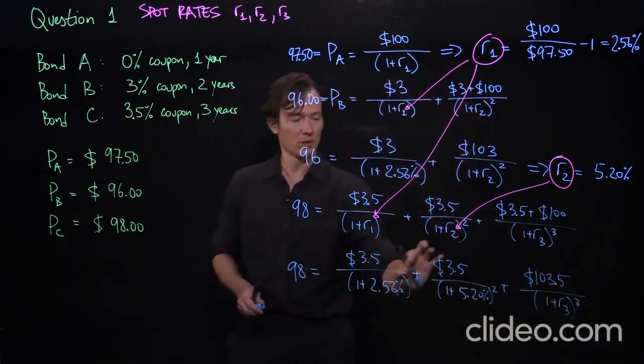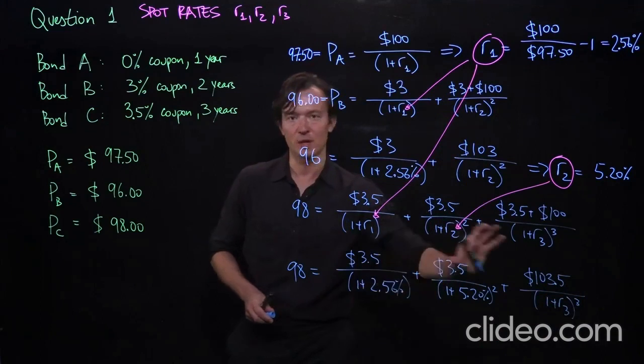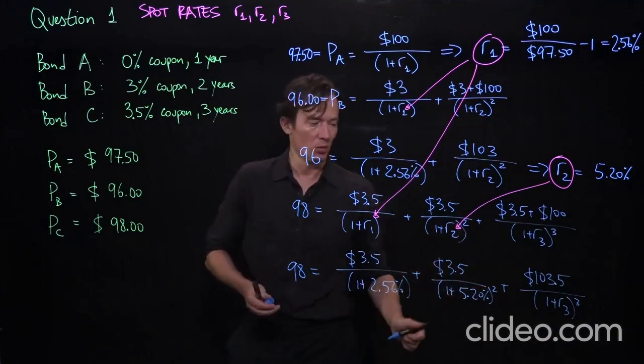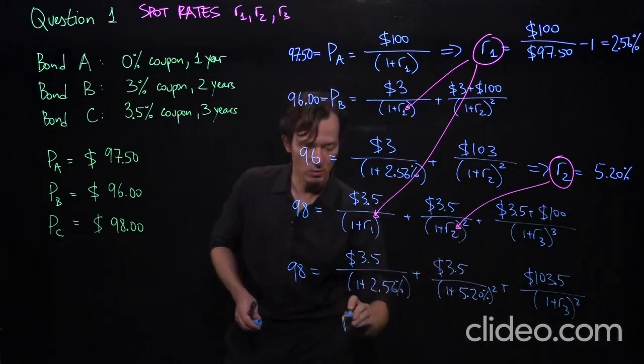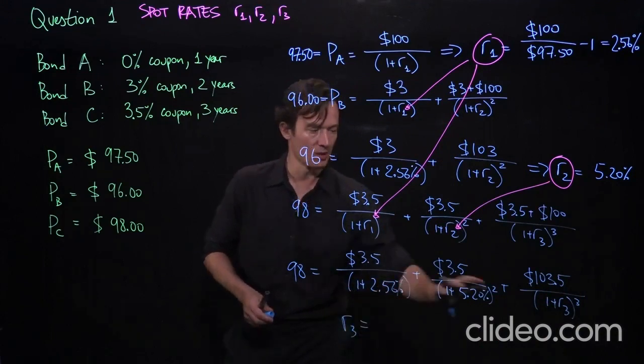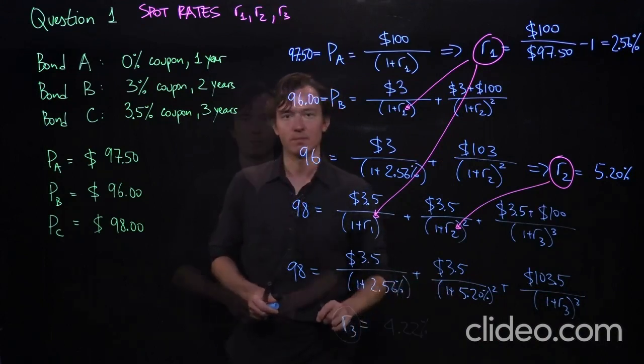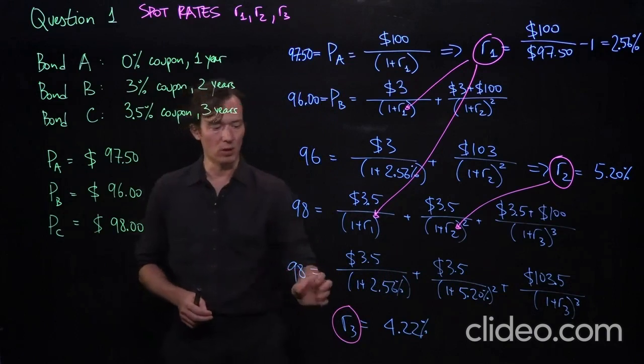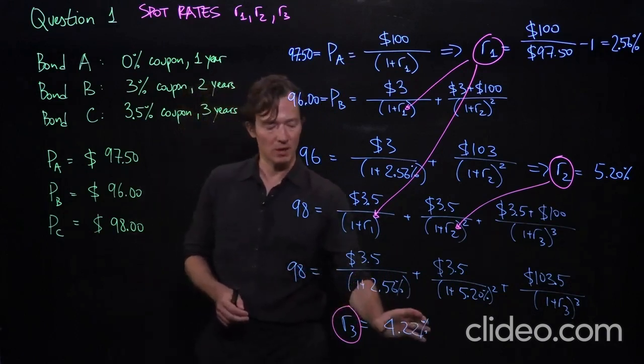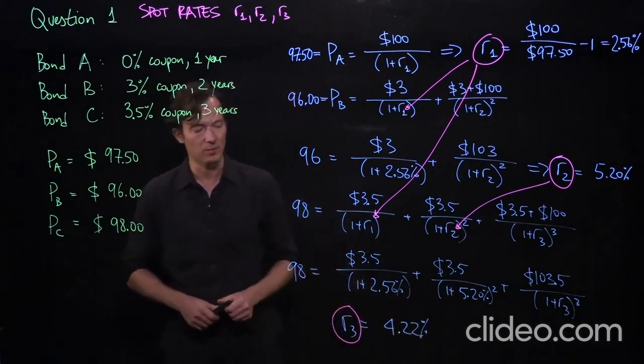So this we can compute, and again, this just becomes one equation with one unknown. So the goal right now is to solve this equation for R3. I just solved this equation for R3, and I found that R3 equals 4.22%.